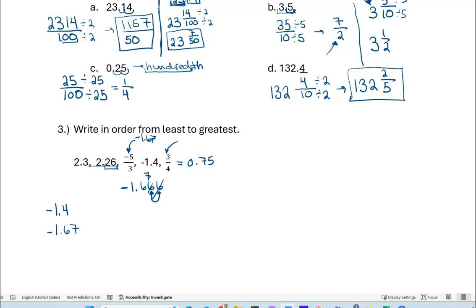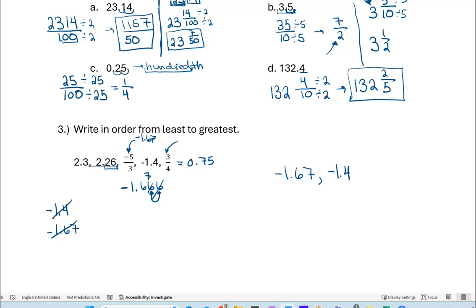However, we're in the negative, we're to the left of 0. So -1 67 hundredths is smaller, right, than -1 4/10. So that means my list, I'll write my list over here just so it's separate from the work. My list starts with that number. I have one other negative, so I'm going to use that number next.